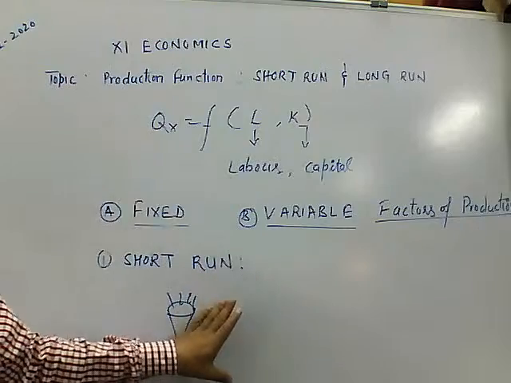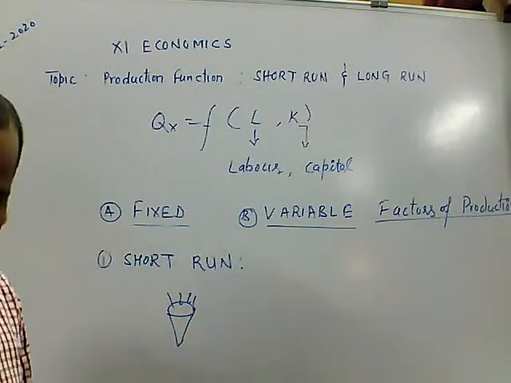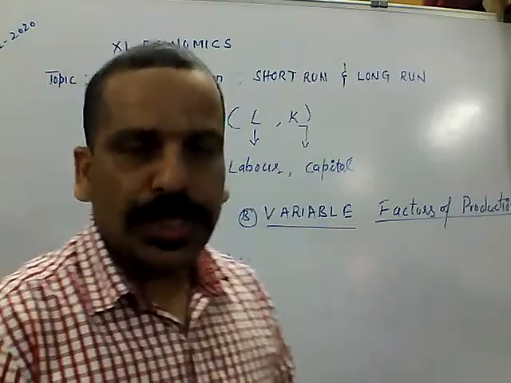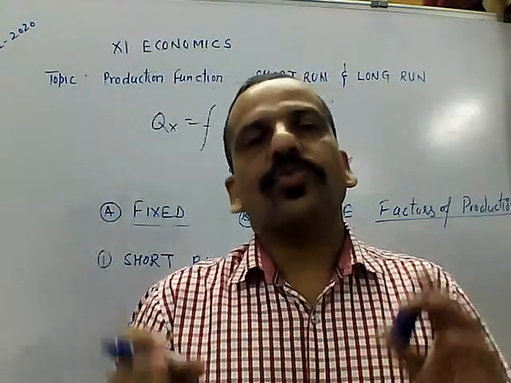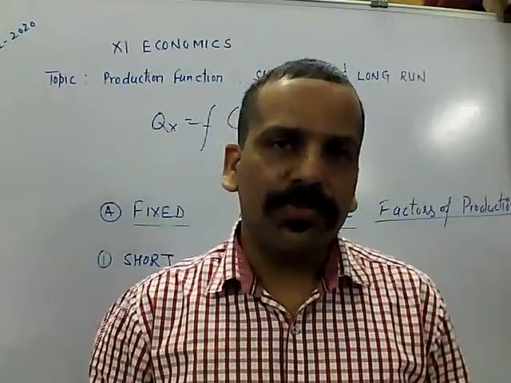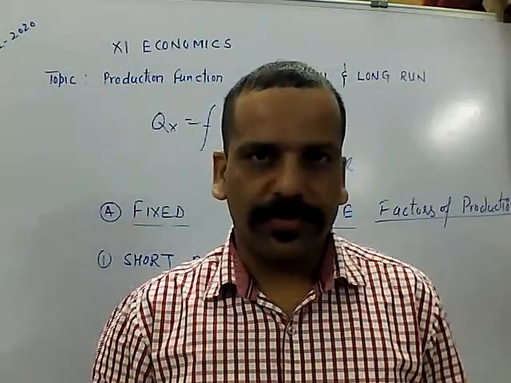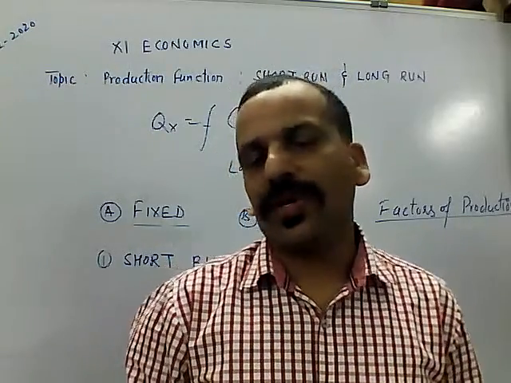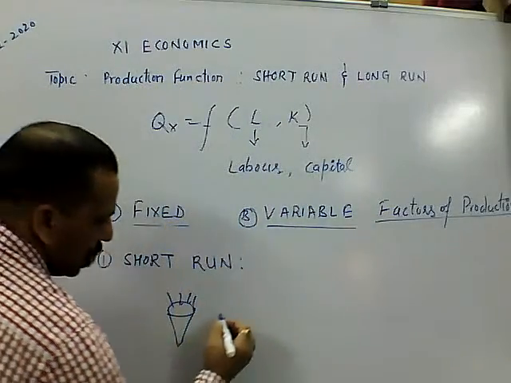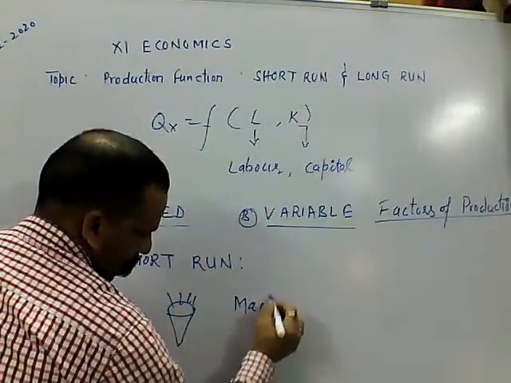So what is the fixed factor of production in that factory, company or firm? Machines. Because with the help of the machines, you are producing the ice creams in your factory. So machine is the fixed factor of production, all the machines.